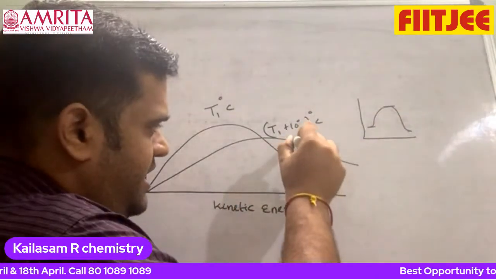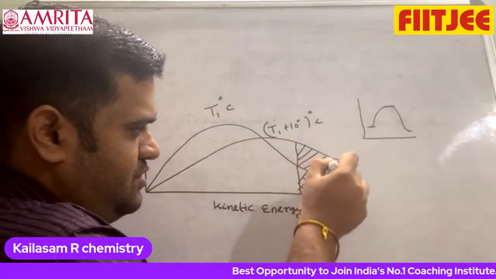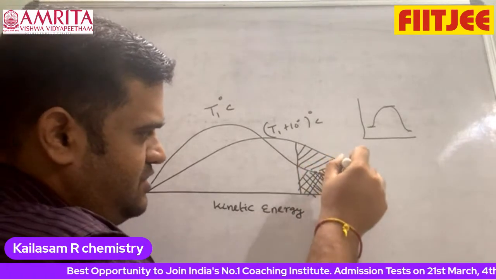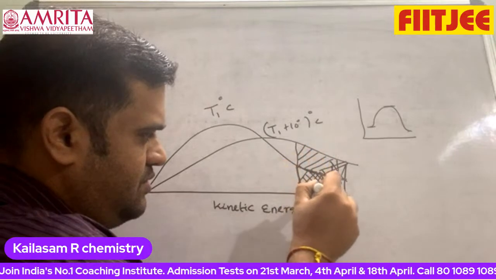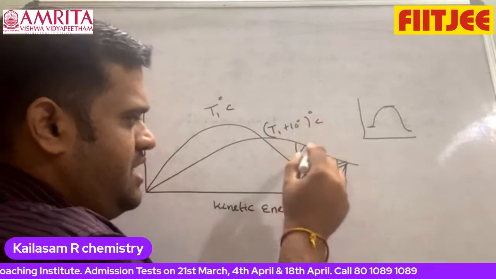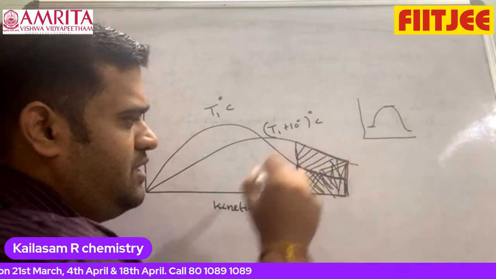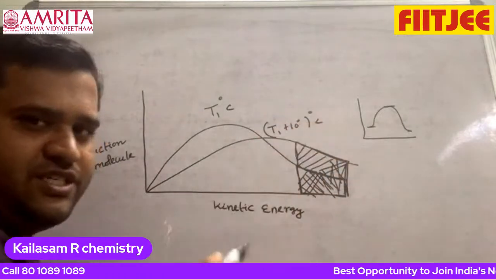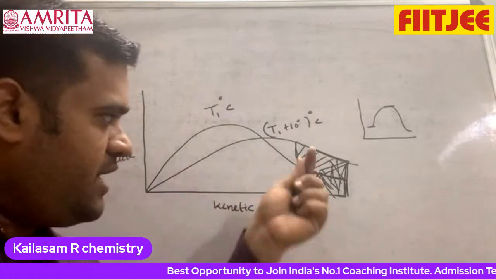And if you observe, look at this, I make it like this. Okay, now please understand, when I increase by 10 degrees Celsius, that means T1 and T1 plus 10 degrees Celsius, what is happening?